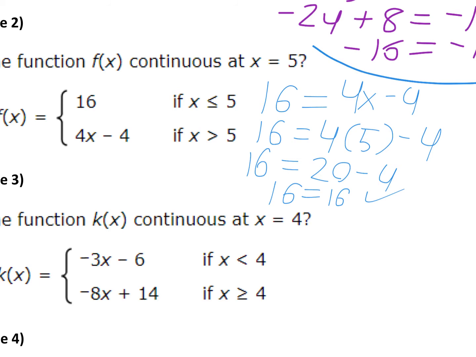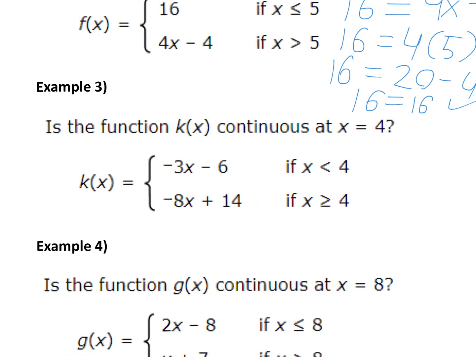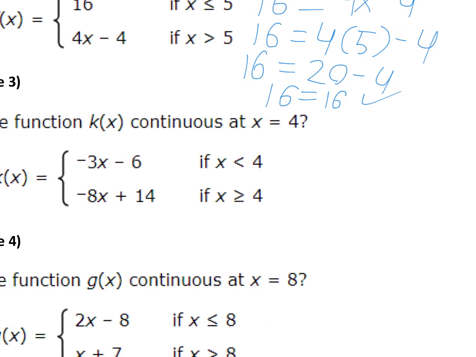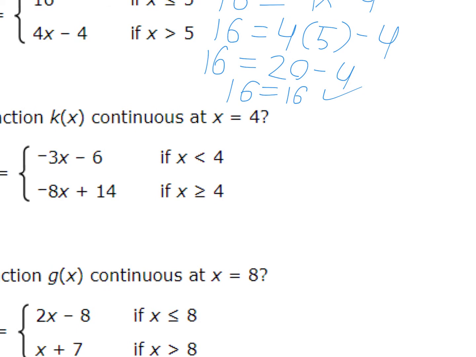Another one. Example 3. Is the function k of x continuous at x equals 4? Well, now we've got x's in both of our equations, and that's fine. Our process still remains the same. So, let's draw that dividing line, just so we don't get things mixed up. Negative 3x minus 6 is equal to negative 8x plus 14.